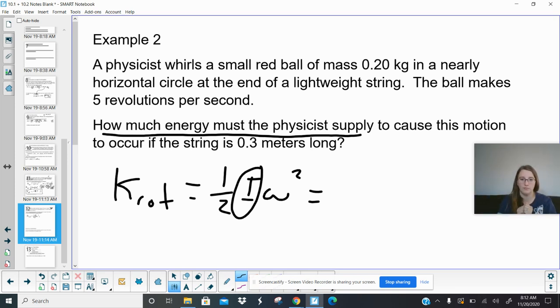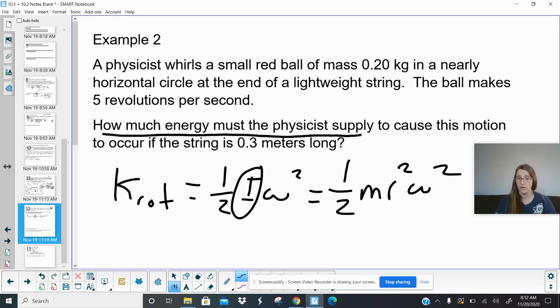So take a moment to write that out. Okay, so you wrote this out before. It was 1/2. The formula for rotational inertia is mass times, I'm going to say radius. It means distance from the center, but that's what the radius is. Times angular velocity squared.